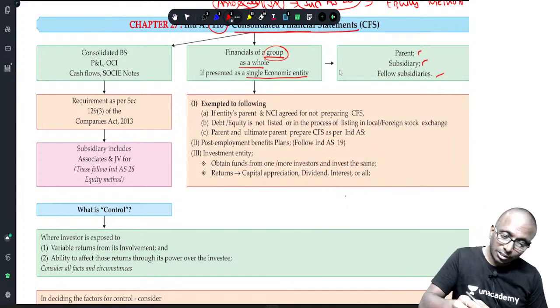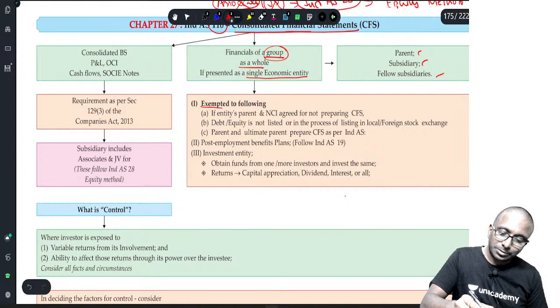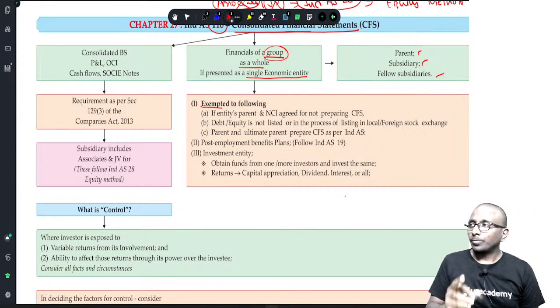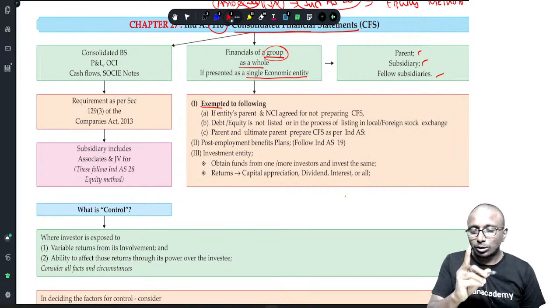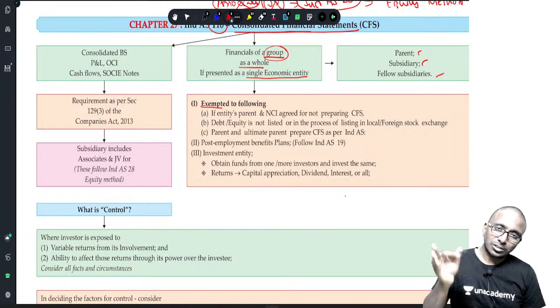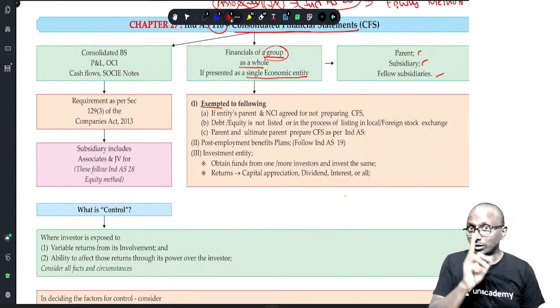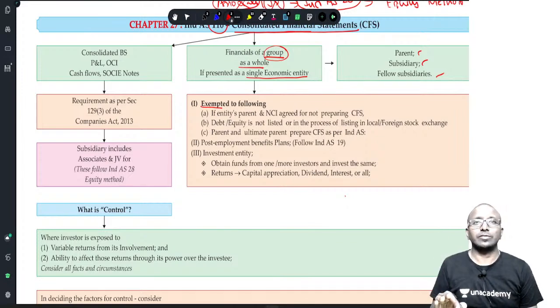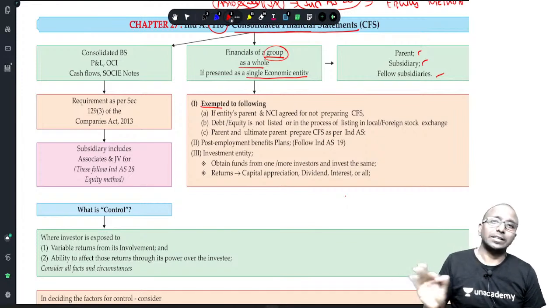It is exempted. When will they get the exemption? Firstly, the company should not be a listed entity or in the process of listing. If you are a listed entity, you don't have such an exemption and you must prepare consolidated financial statements mandatorily.